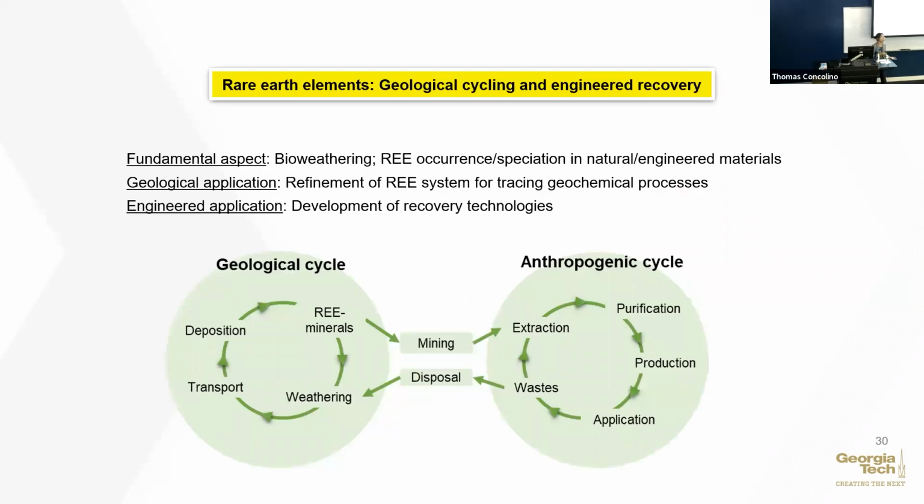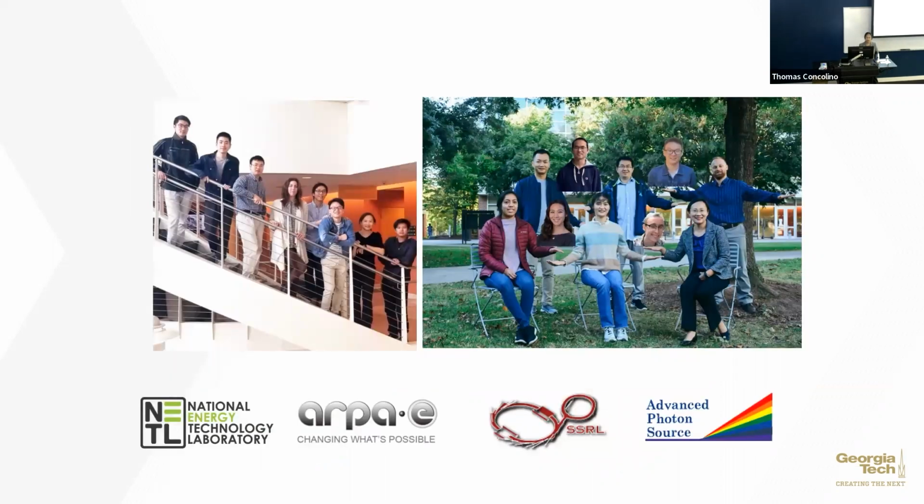And obviously, we're taking similar approaches to look at REE bioweathering in the geological cycle, biomediated transport and occurrence, and also redefining the REE system for tracing geochemical processes, both in modern and ancient history. And on the engineered side, we are expanding this approach not just to coal fly ash, but also to municipal solid waste incineration ash, electronic waste, and spent magnets. And this is just an acknowledgement of my group and the funding resources. And that's all I have.